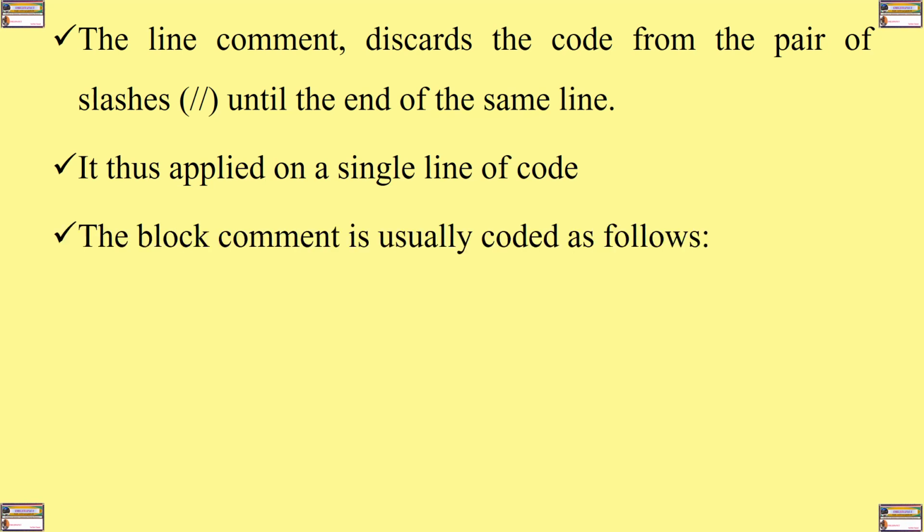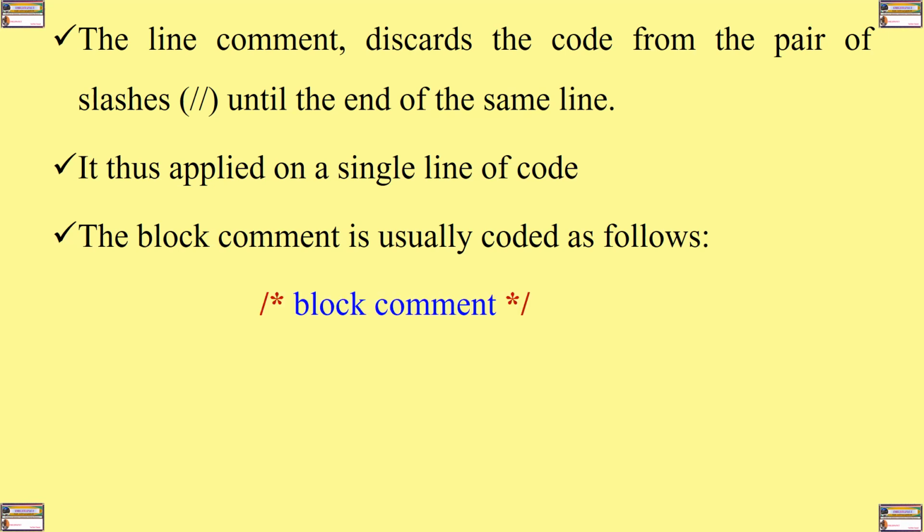While the block comment is usually coded as follows. So you have the forward slash followed by asterisk, block comment, asterisk, and then forward slash. So the block comment, what I have written in blue, you replace it with your own comment.